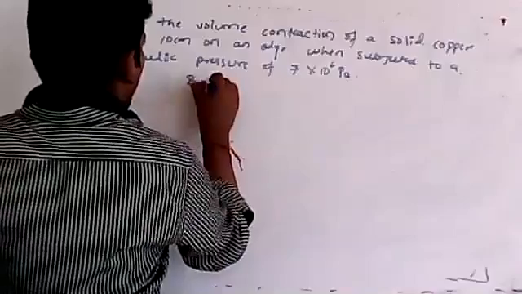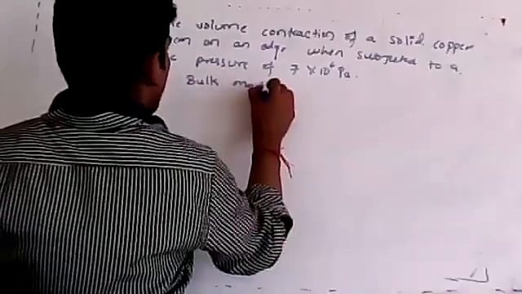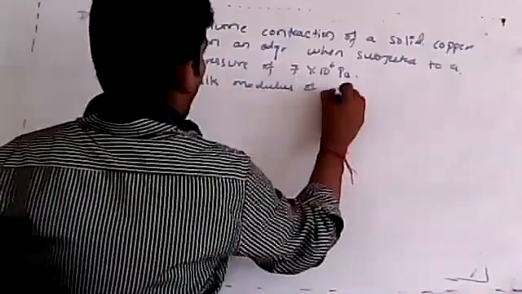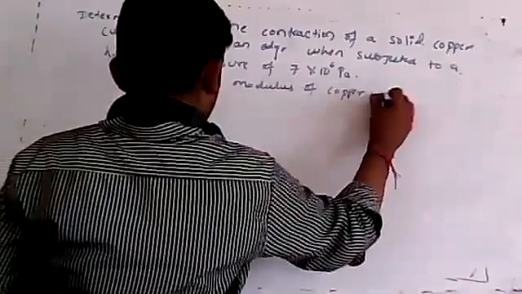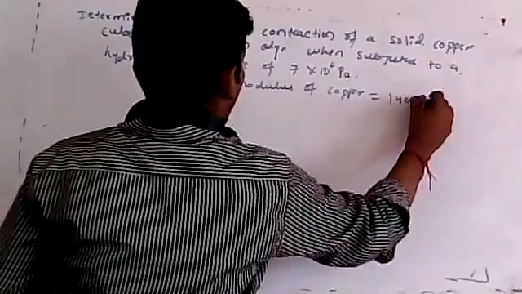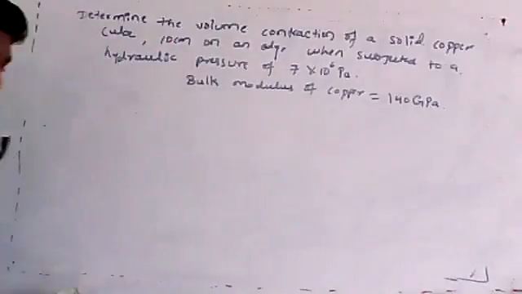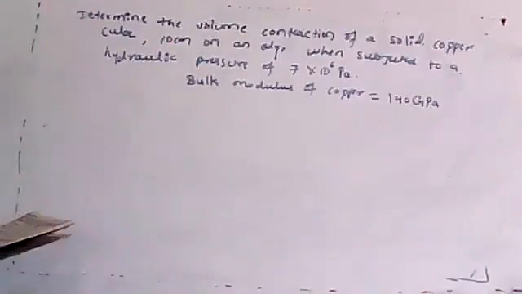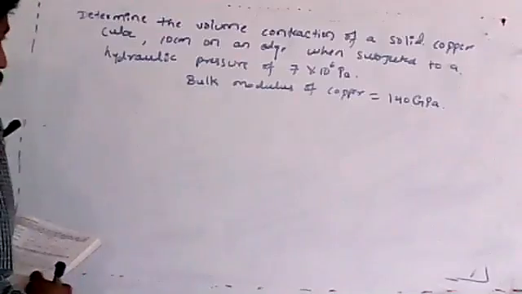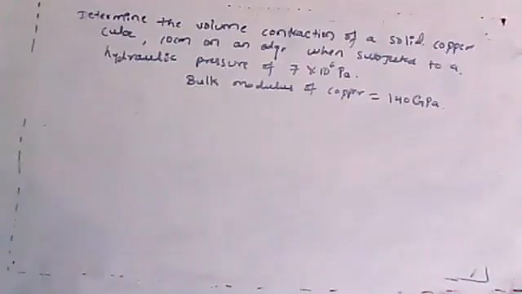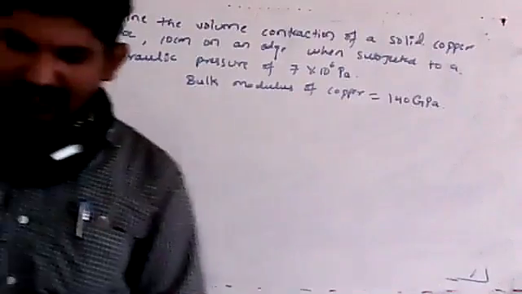The bulk modulus of copper is given, which is equal to 140 gigapascal. Yesterday I told you what giga means and how to convert that. Just try to understand the question. This is your NCERT problem.